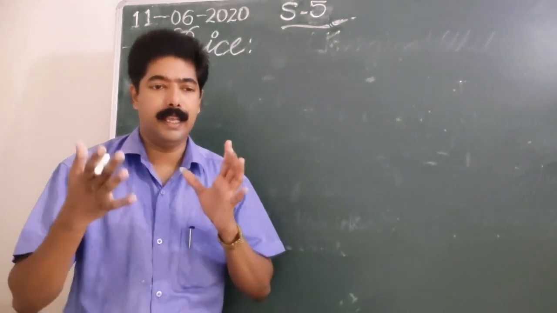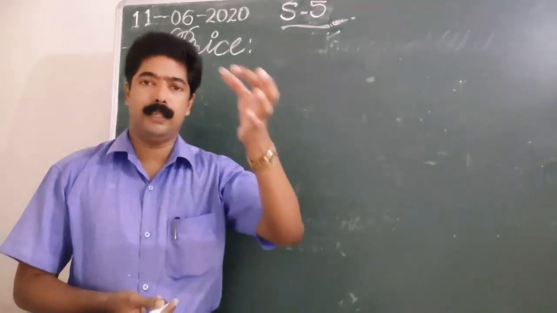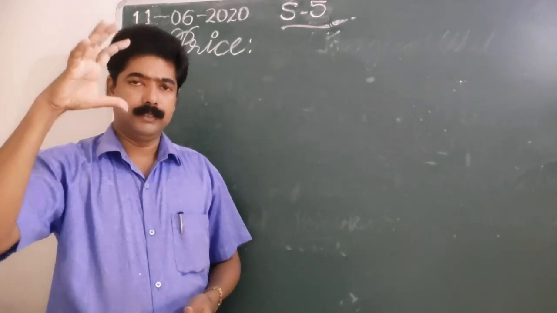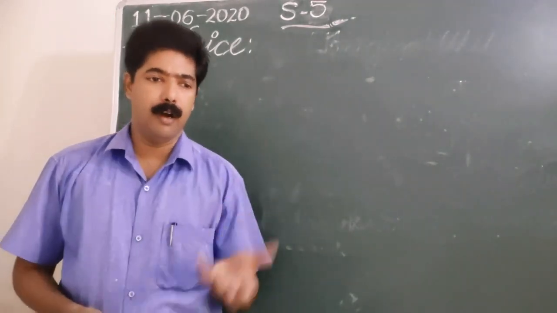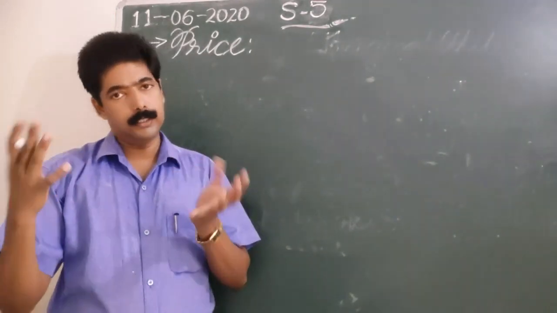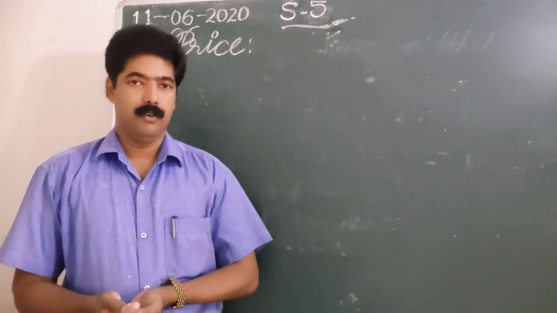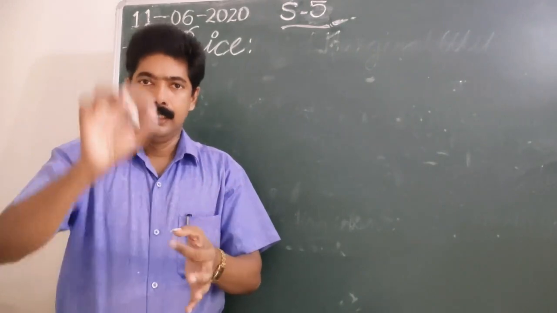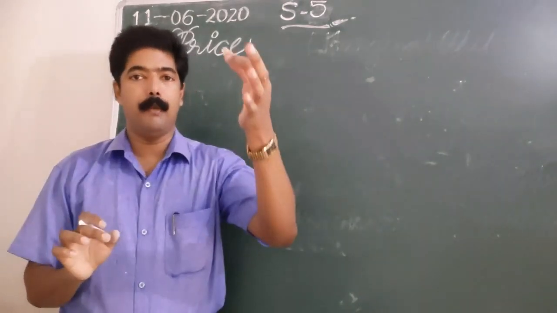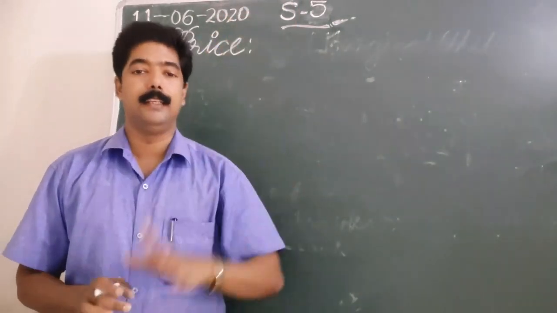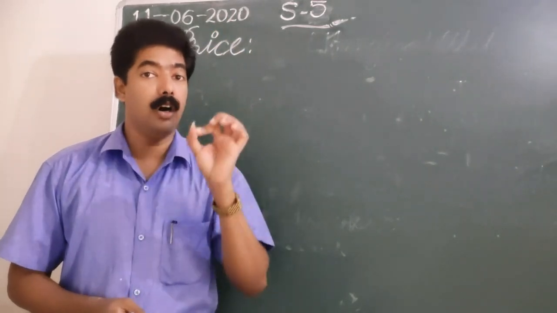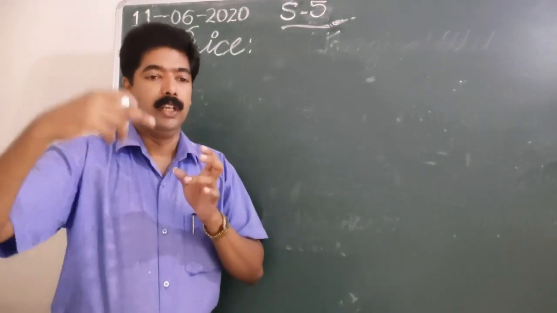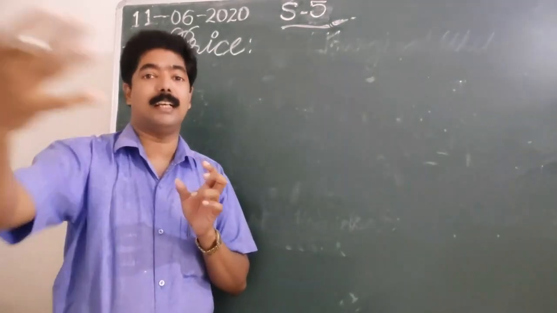In order to acquire a particular thing, a consumer needs a certain amount. That amount is said to be the price of that commodity. So the price of a commodity is the unit or amount of money that has to be given in order to acquire that commodity.